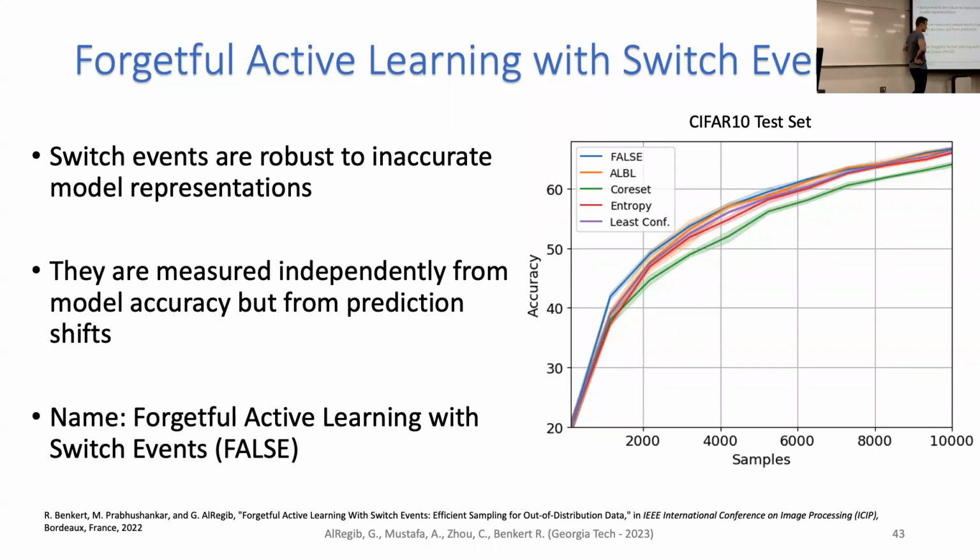And these are the size of the training set as you increase it over time. And these are different algorithms that you're testing against. So core set is the diversity-based one. Entropy and these components are those two difficulty-based approaches that I presented earlier on. Active learning by learning, this orange one, is a fusion-based approach, okay? And this one over here is essentially this representation shift one.